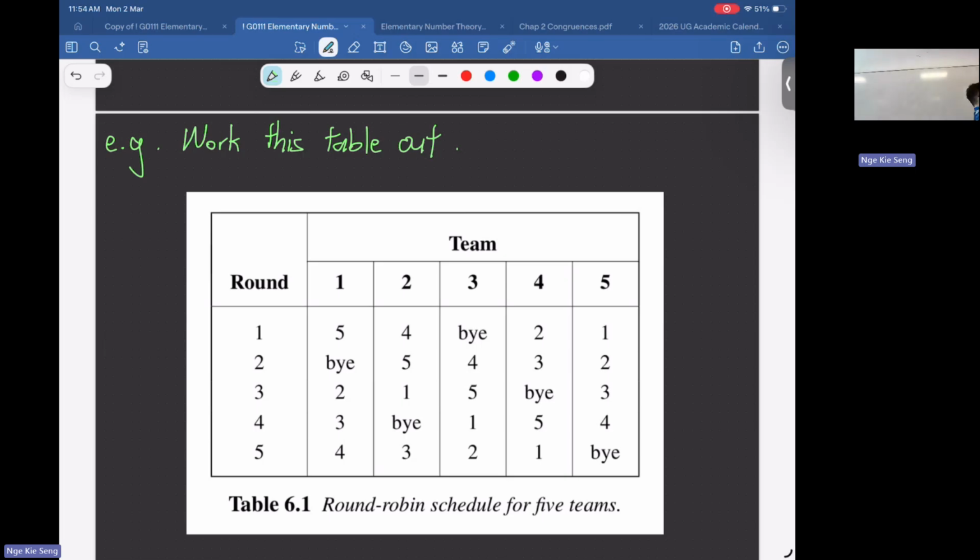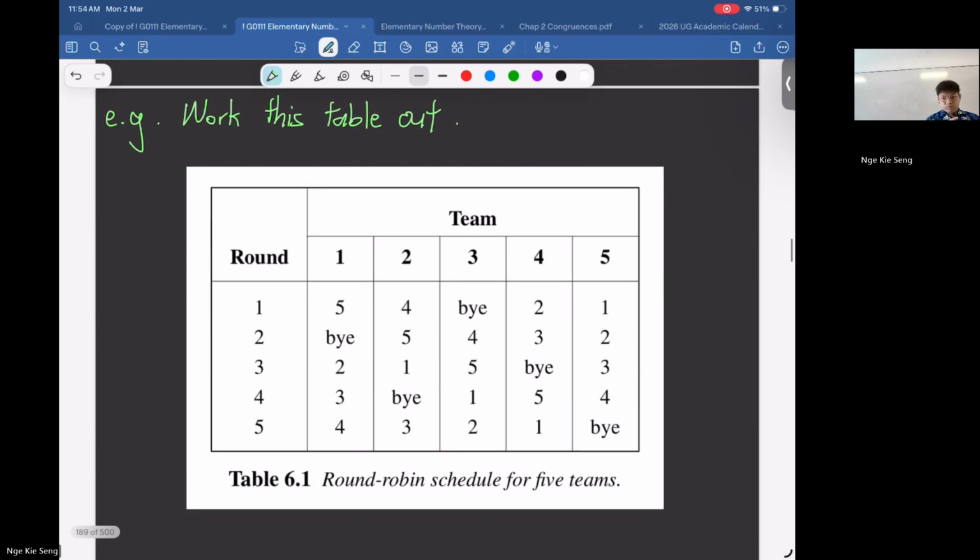I let you see the divisibility, and then this competition application. Any questions? No questions?